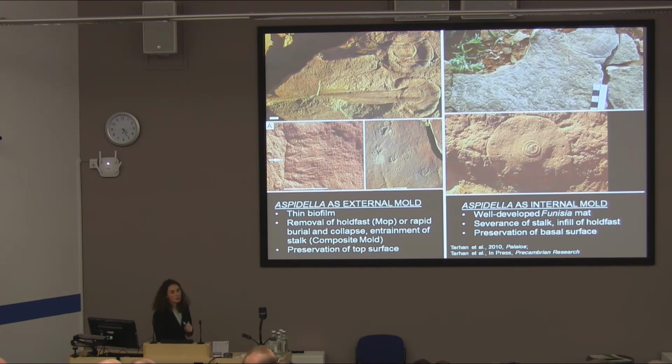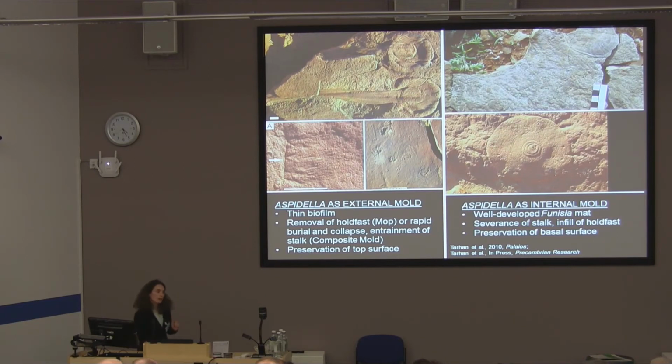It is one of the most common fossils of the Ediacara biota, with over 1,000 specimens at Nilpena Station alone. It is also one of the most variable of the Ediacara taxa. We find it preserved in a variety of modes: as internal molds, as external molds, as casts, and with a variety of morphotypes and morphological features.